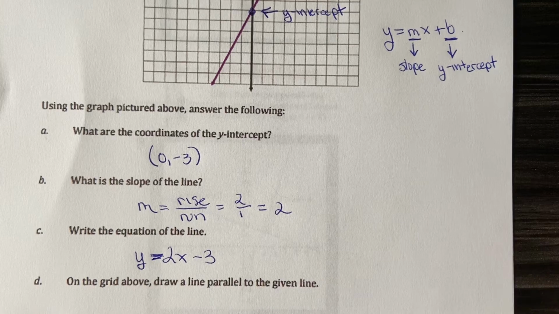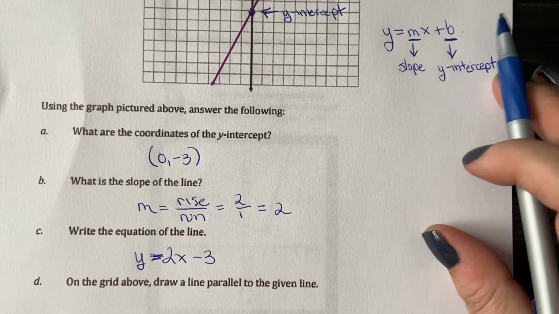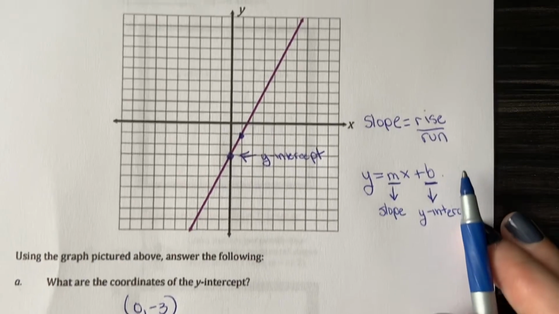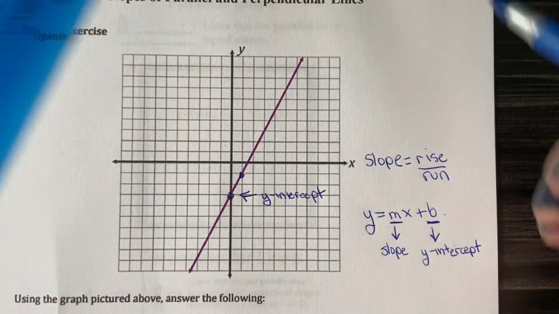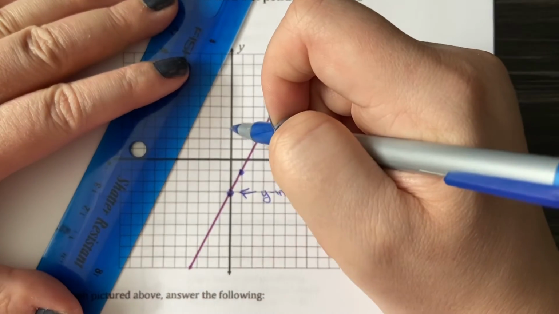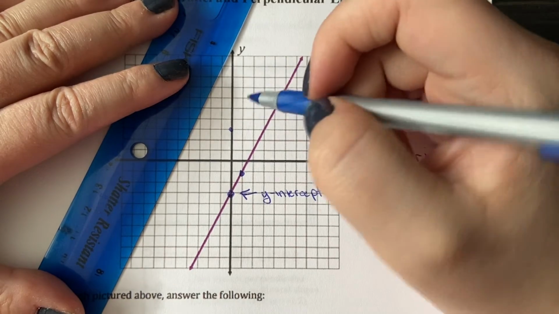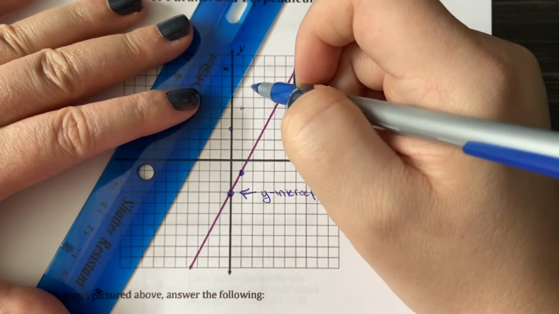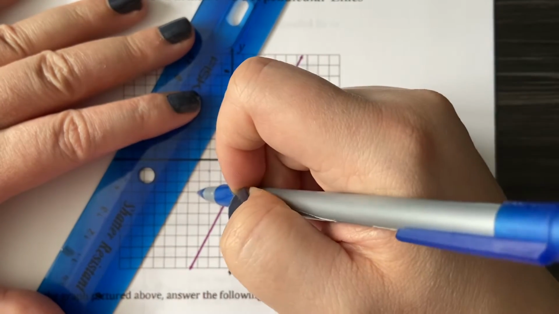Now, down here it says on the grid above, draw a line that would be parallel to the given line. If I go back up to the graph, we can pick any point we want. I'm just going to pick one. Say I pick going through right here at (0, 3). The thing that's going to stay the same is my slope.